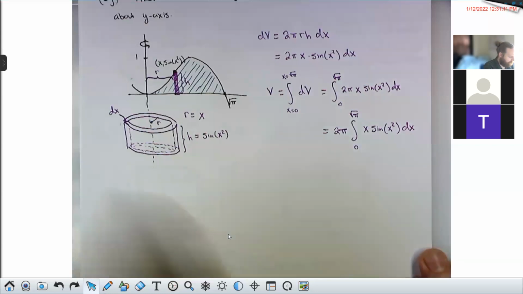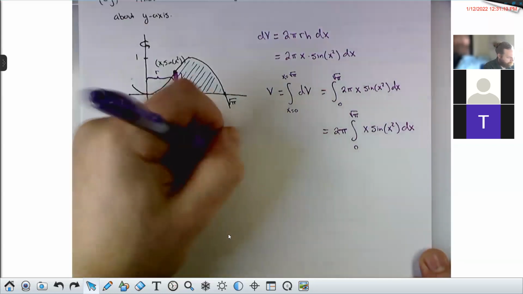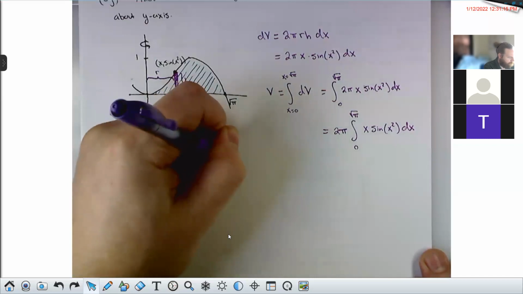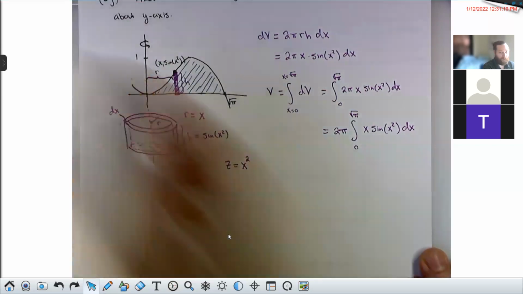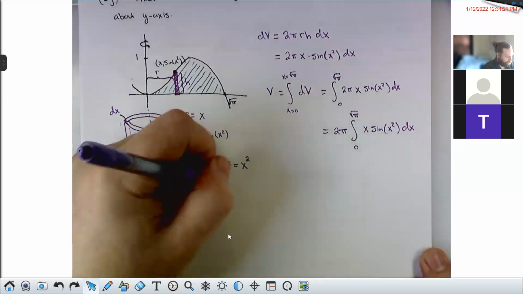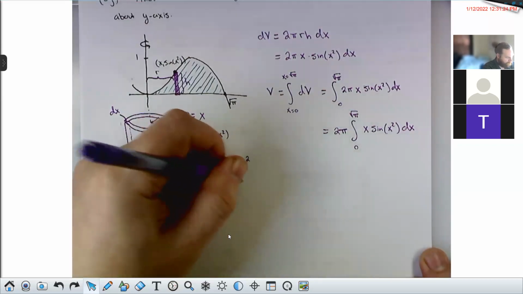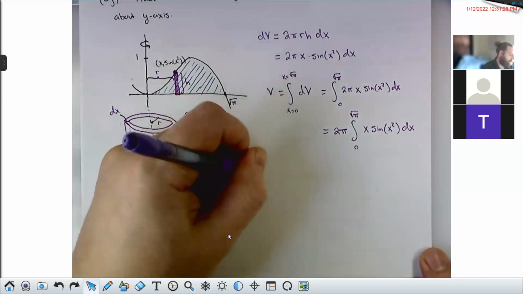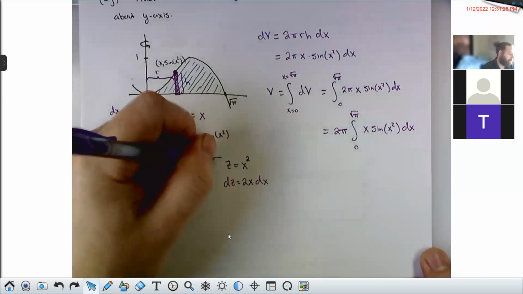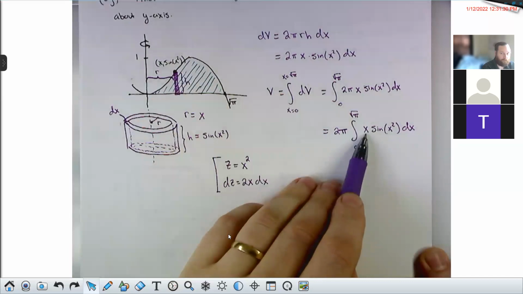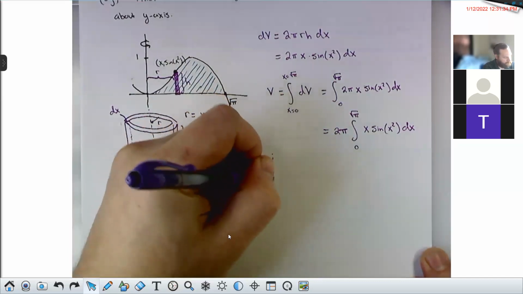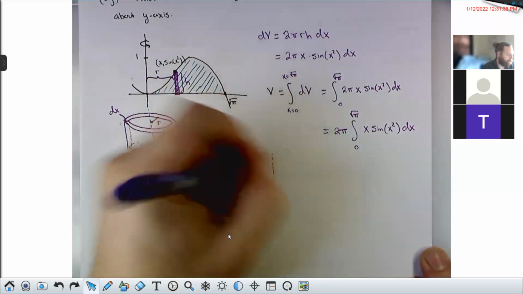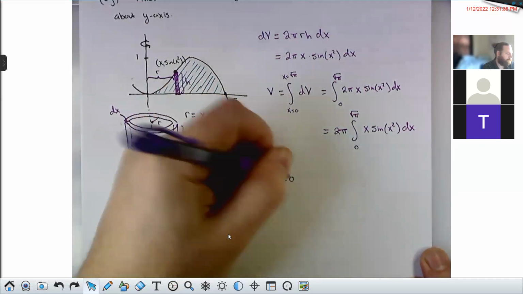But here, if we make the substitution, I'm going to use the letter z. Remember, we talked about y last week. Z equals x squared. Then dz is 2x dx. And I do have an x here that will cancel with that. The other thing we need to do is change our bounds. So my old lower bound is x equals 0.